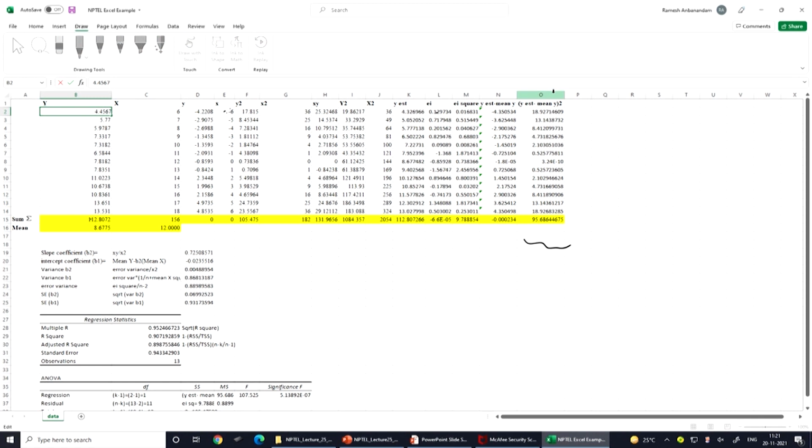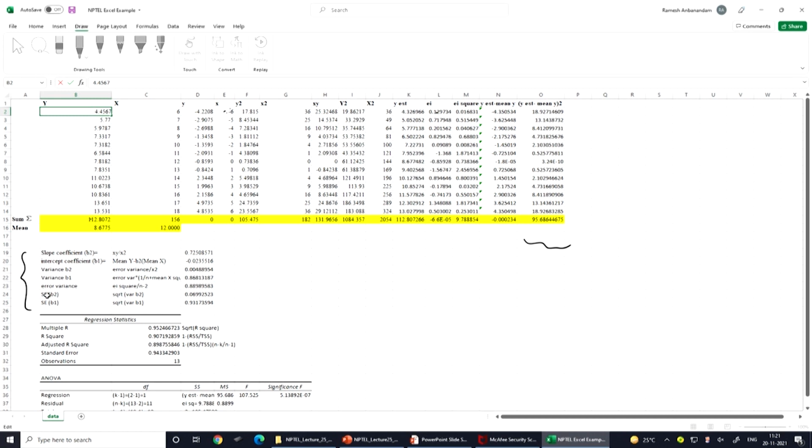Finally, the slope coefficient is defined as sum of xy divided by sum of x square. This is what we discuss at the bottom. The intercept coefficient is the mean of y minus beta times the mean value of x, and the variance of these coefficients can also be derived.